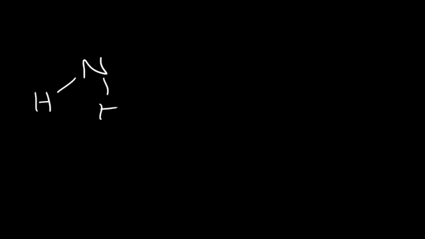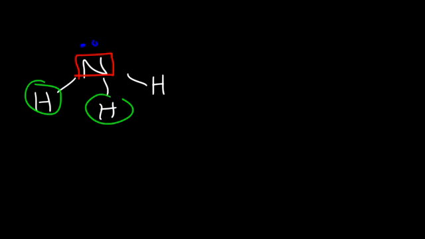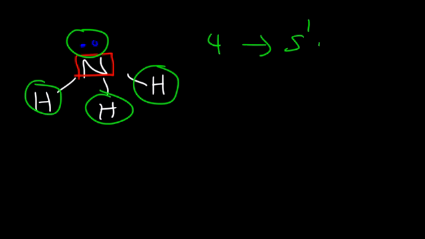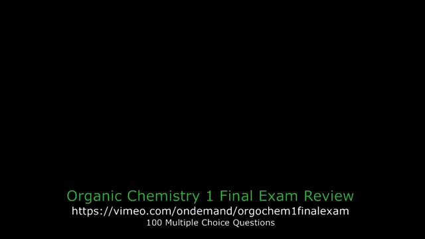Now what about the nitrogen in ammonia? What is the hybridization? So focusing on the nitrogen atom, it's attached to 1, 2, 3, 4 groups. So it's also sp3 hybridized.